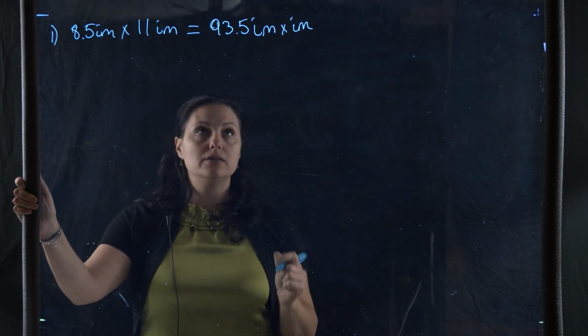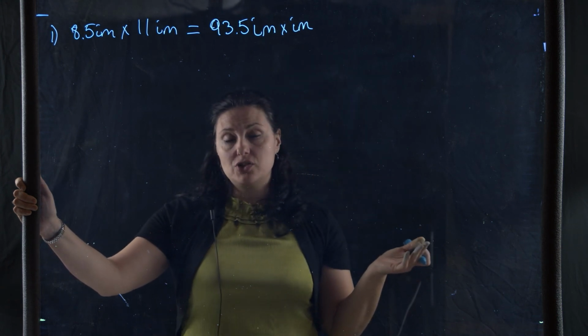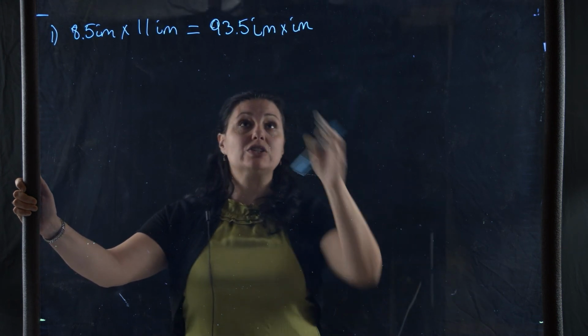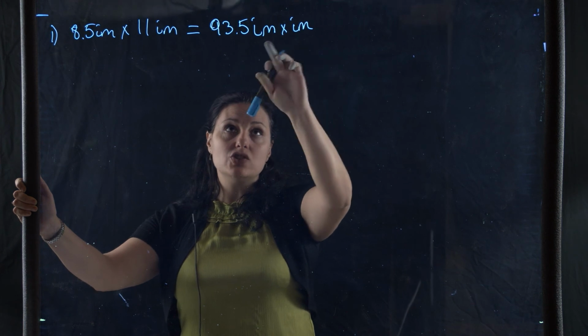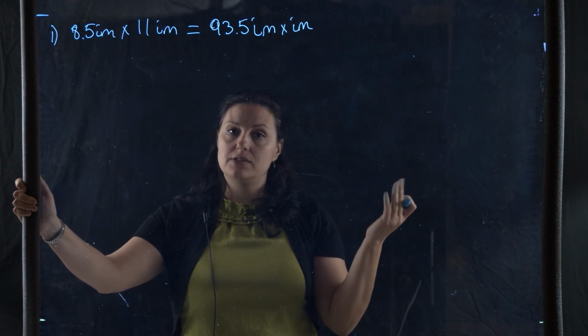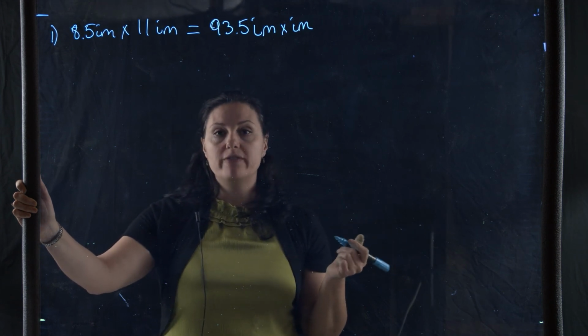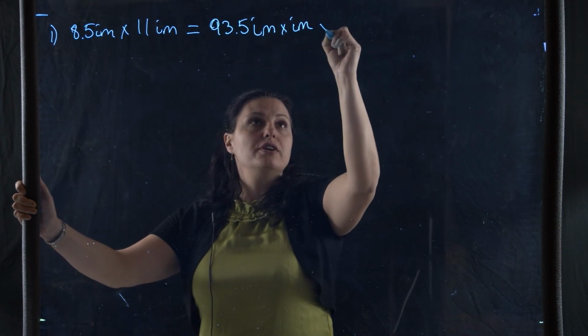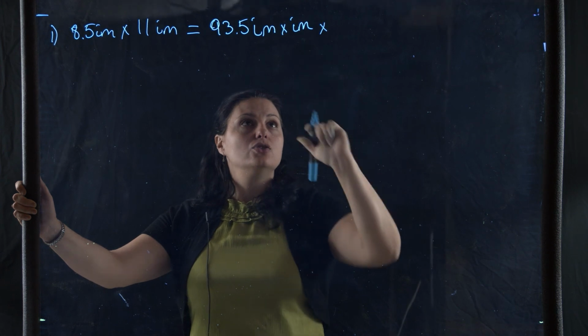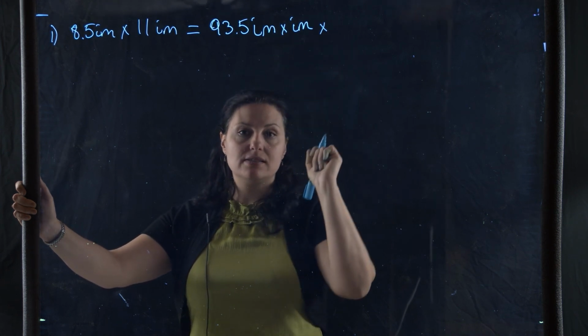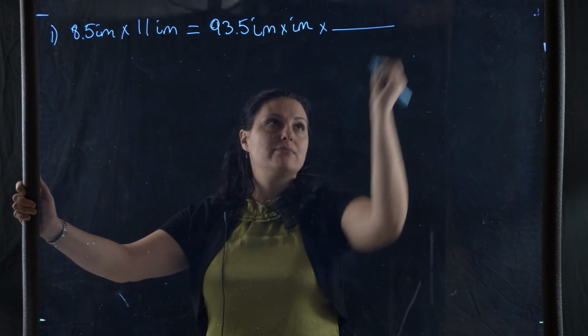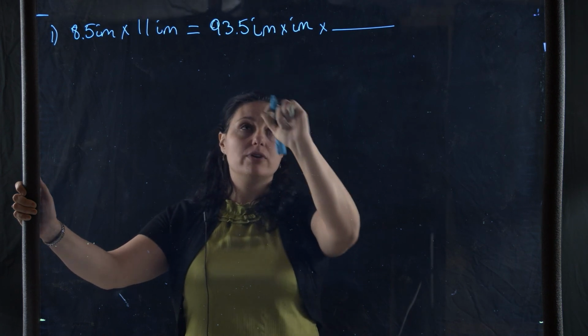So now what the inches squared tells me is that I have 93.5 inches times inches. That's inches squared. So to convert it to centimeters squared, or centimeters times centimeters, I have to convert each inch to centimeters. And I do that by knowing that 1 inch has 2.54 centimeters. So therefore, to convert this to centimeters twice, I will have to write my conversion unit in such a way to get rid of my inches.